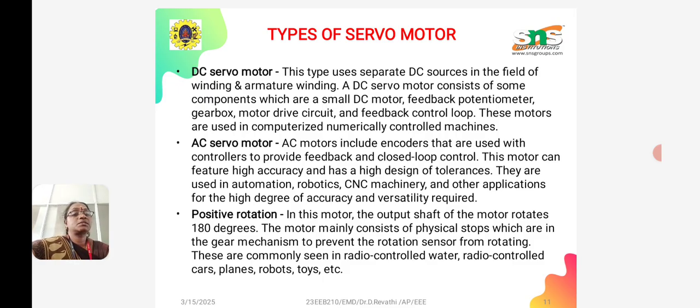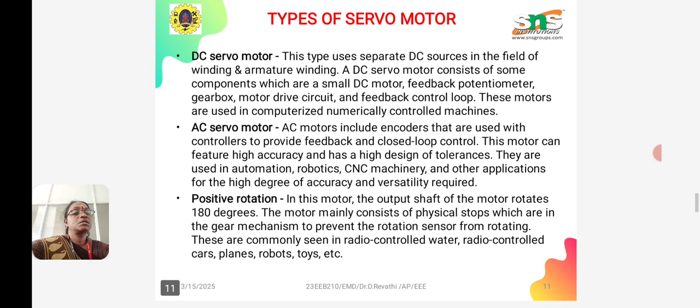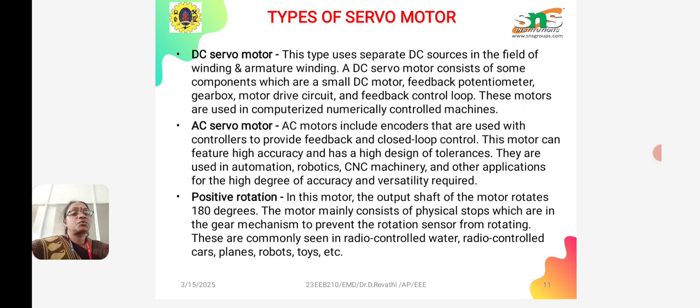The motor mainly consists of physical stops in the gear mechanism to prevent the rotation sensors from rotating further. These are commonly seen in radio controlled cars, panels, robots, toys, etc.